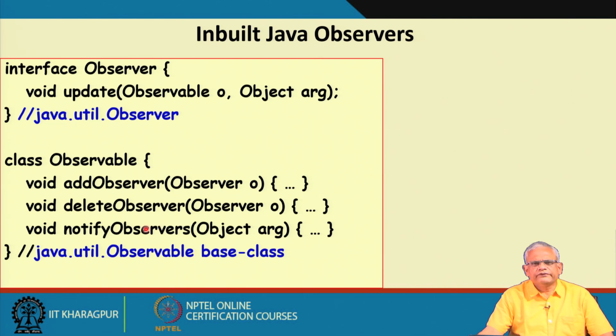And also notify observers: when a significant change of the model occurs, notify observers is called, and the context in which the model has changed is passed as an argument, so that notify observers will call the update method of all registered observers with the object arg as a parameter.